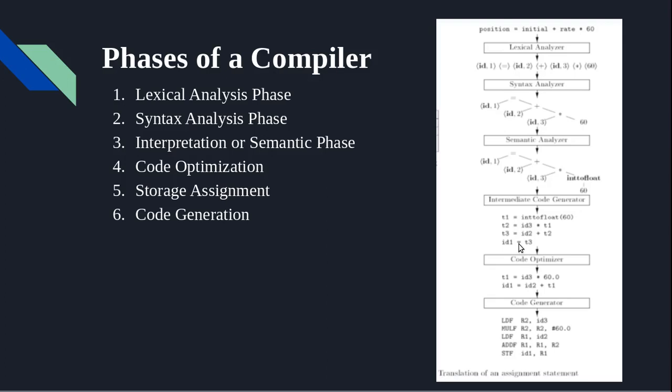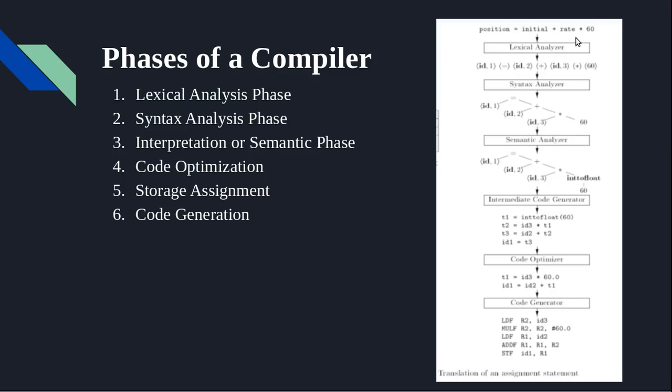Okay, so this particular statement we have converted into 3-address form like this. int of float of 60 will convert 60 into type float, and it will be stored in the temporary variable t1. Then t2 equal to id3 into t1. So first 60 is converted into float and stored in the temporary variable t1.